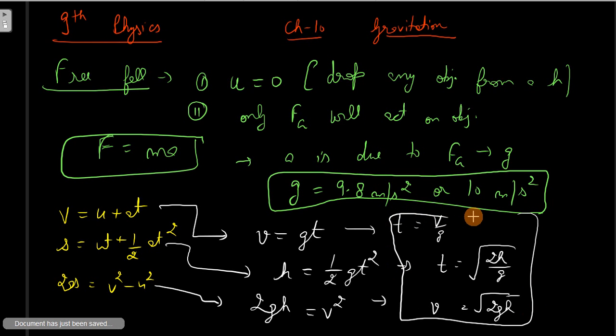So how do we get the value of g? For that we have a derivation. Let us say the force of gravitation is G, mass of object, mass of planet divided by radius of planet square. Why are we taking the radius of the planet? Because we have discussed that the distance must be measured from the center of the objects. Let us say you have a ball.